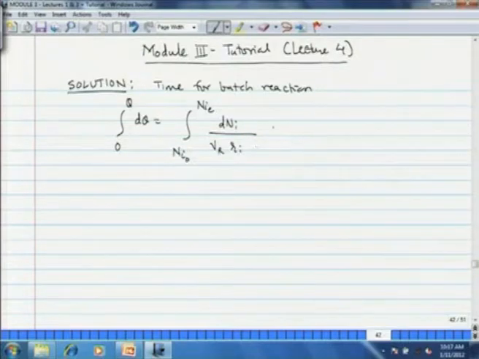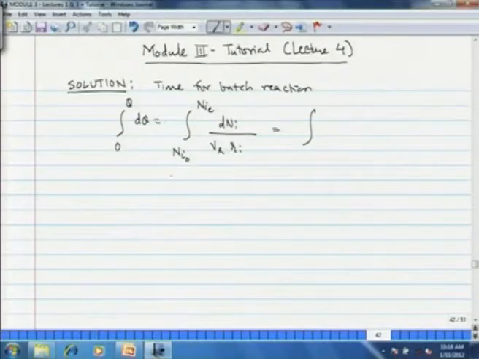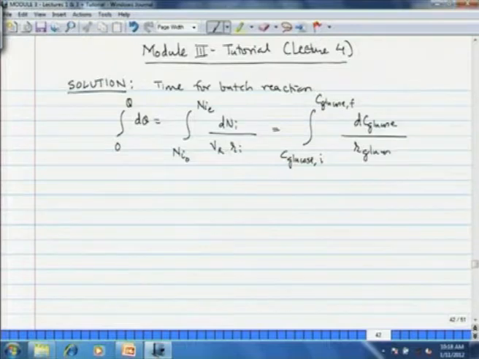Now, in the present situation, the volume of the reactor is going to stay constant, so we can convert the number of moles into concentration. Here the main reacting species is glucose, so i is glucose: integral C glucose initial to C glucose final of dC glucose divided by R glucose. This is the rate expression.